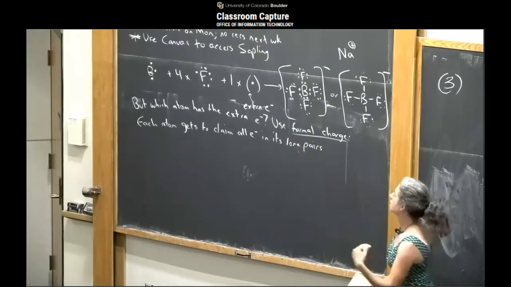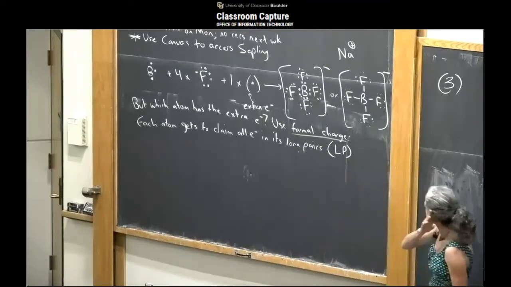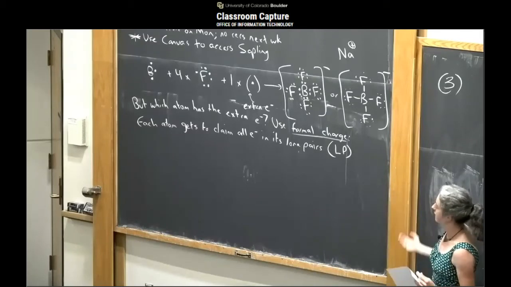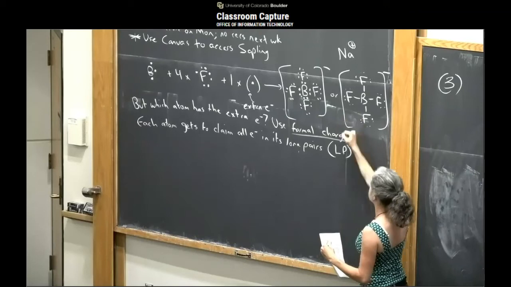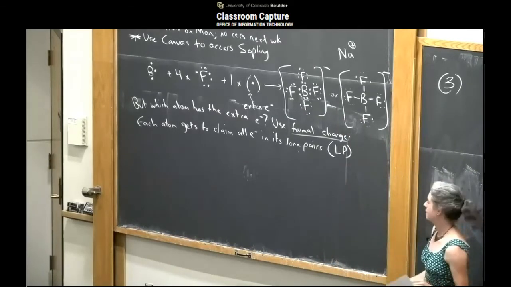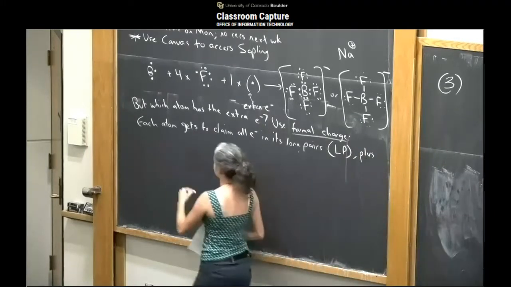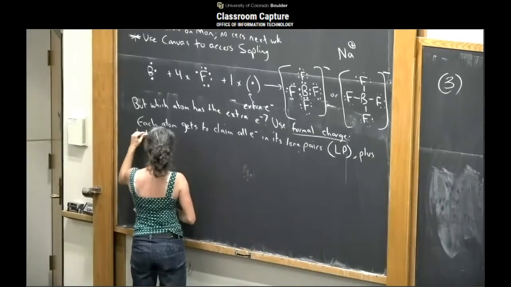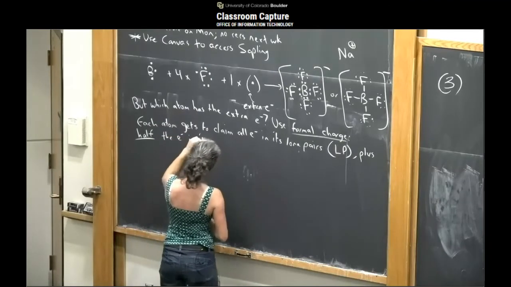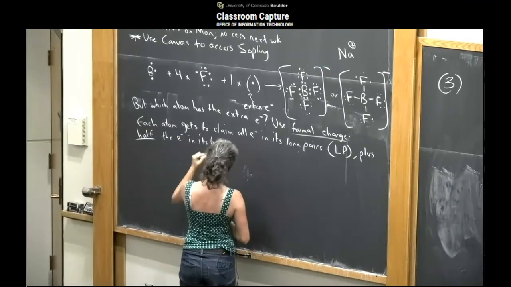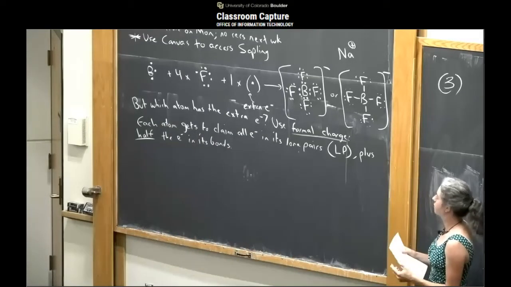Lone pairs, I will very commonly abbreviate as LP. So each atom gets to claim all electrons in its lone pairs, which, if you'll remember, are the electron pairs that it's not sharing with anyone else, that it keeps all to itself, plus half the electrons in its bonds. That's how you count electrons for formal charge.